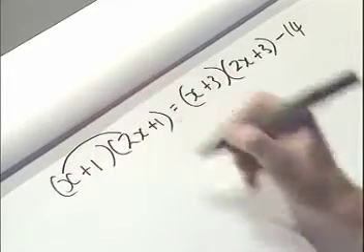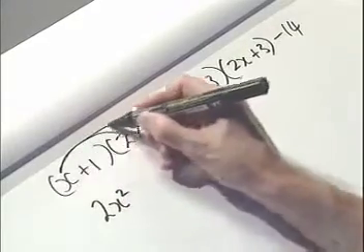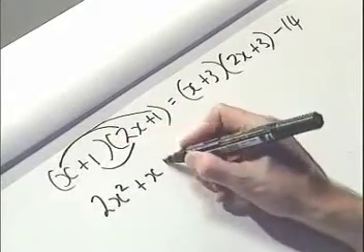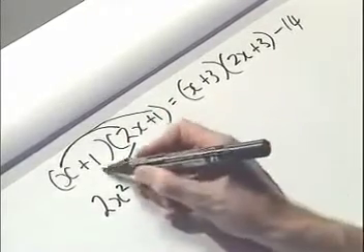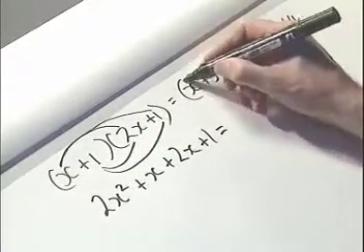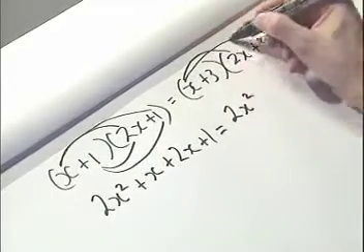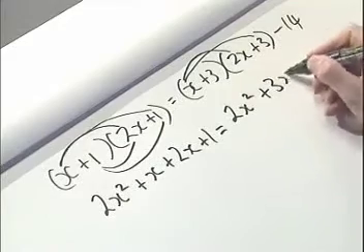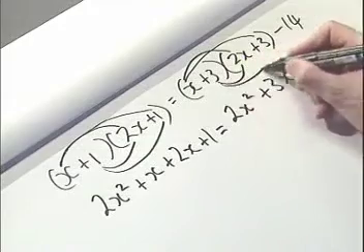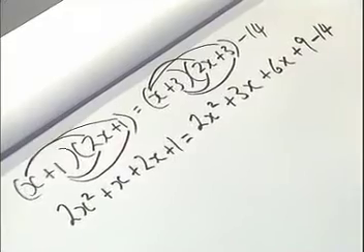So we do x times by 2x, that's 2x squared, and x times by 1, so that's plus x. 1 times by 2x, so that's plus 2x, and 1 times by 1 plus 1 equals x times by 2x, that's 2x squared, x times by 3, 3x, 3 times by 2x, that's 6x, 3 times by 3, that's 9, and finally the end bit, take away 14.